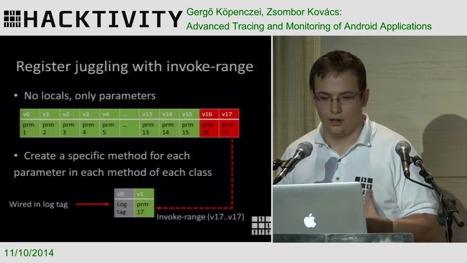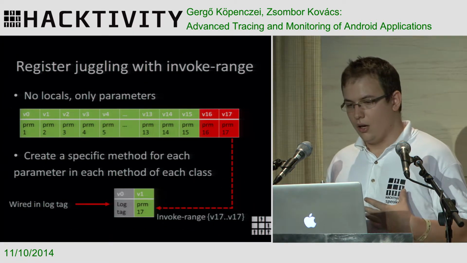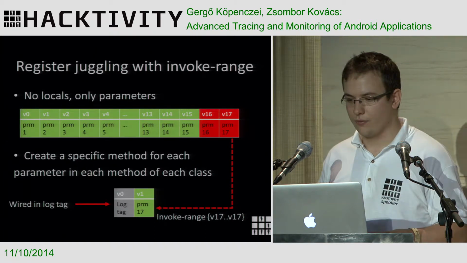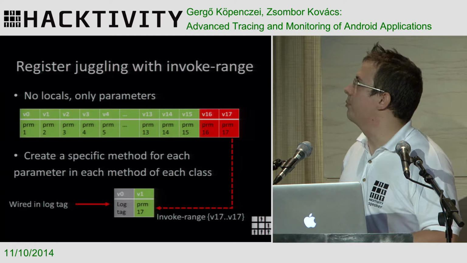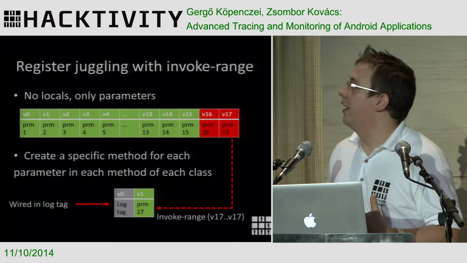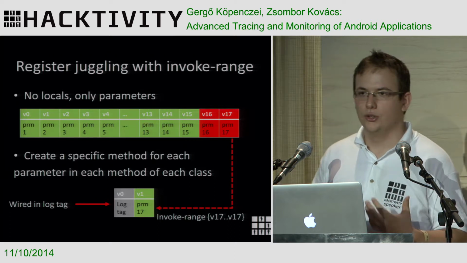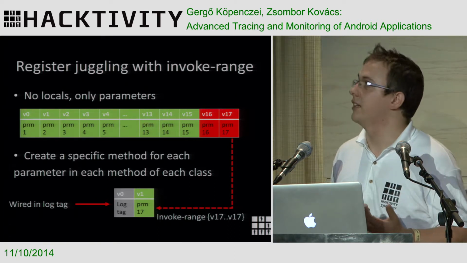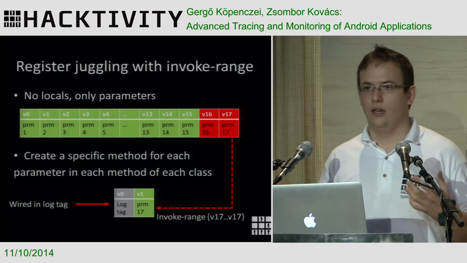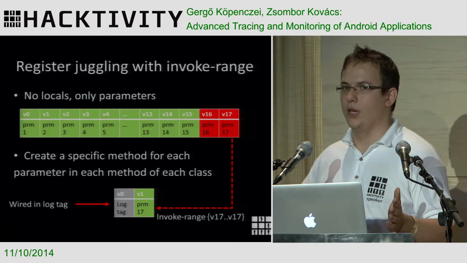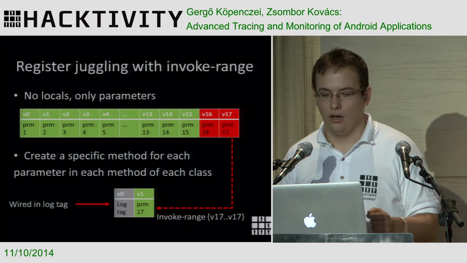So, if there is no local register for storing these badly behaving registers, then we can use the invoke-range opcode, which is also used to invoke methods. The difference is that invoke-range expects not registers, but a register range, like from v0 to v5 and all of them.